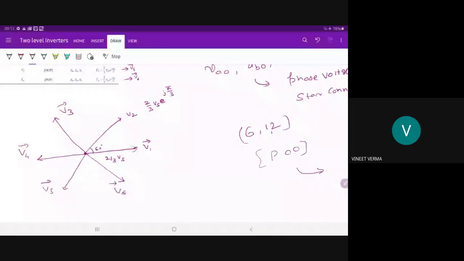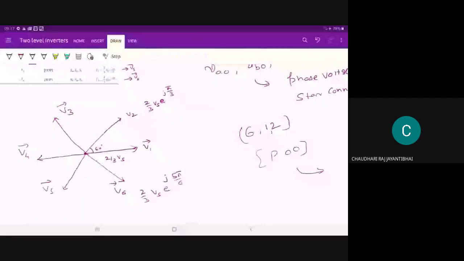Is this clear? The V6 vector is 2 by 3 Vs e to the power of j 5 pi by 3. Is it clear? Okay. Its magnitude is 2 by 3 Vs, and the angle is changing, right?